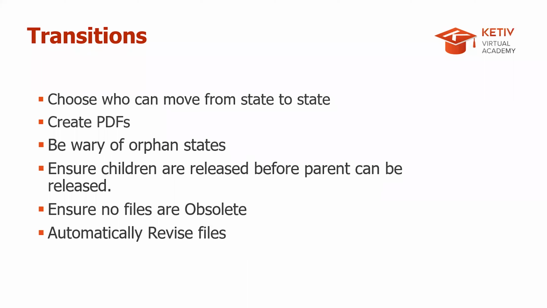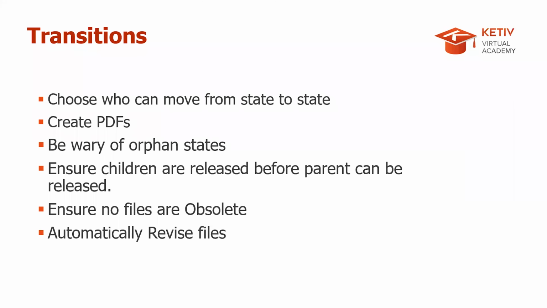Sometimes you're testing out a state, say for shop review, and then eventually you're like, well, we don't need this state anymore. We found a different workaround. So we're going to go ahead and remove any transitions to it. Well, at that point, if you have any files that are already in that state, they won't be able to transition out. So you want to make sure that you search for files in that state, get them to the state that they belong to, and then make any changes to your lifecycle.